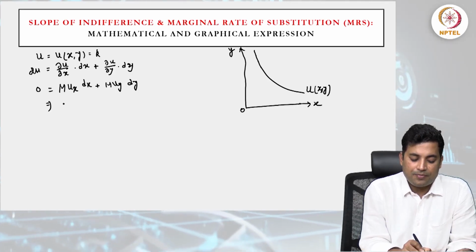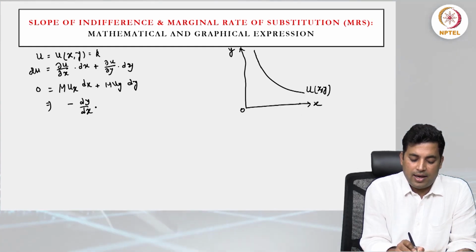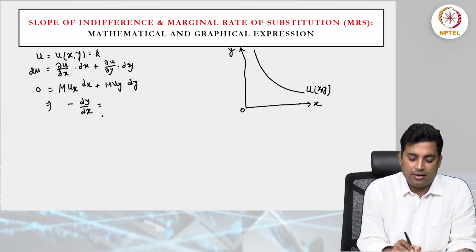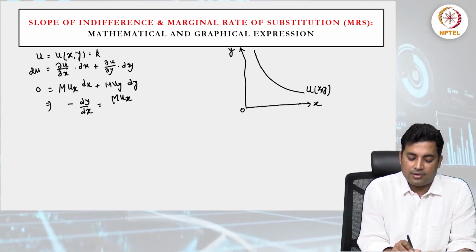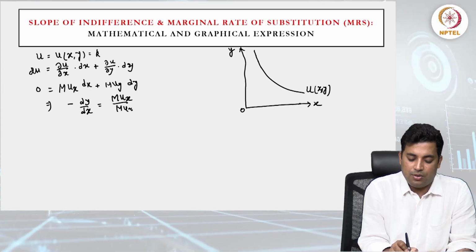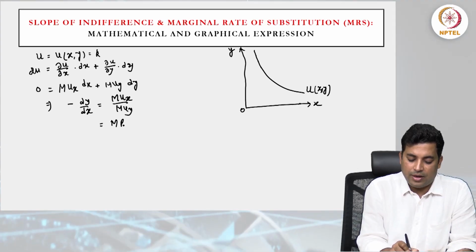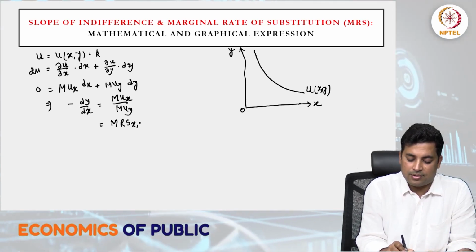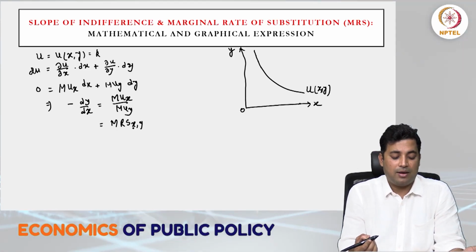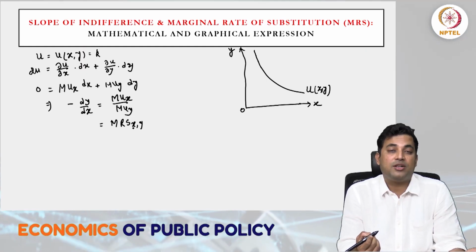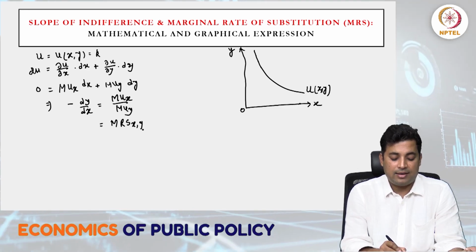One can write dy by dx equals minus the marginal utility of x by the marginal utility of y. This is called the marginal rate of substitution between x and y. Likewise, in a similar way we can get the marginal rate of substitution between y and x.